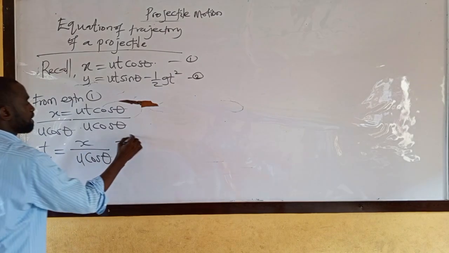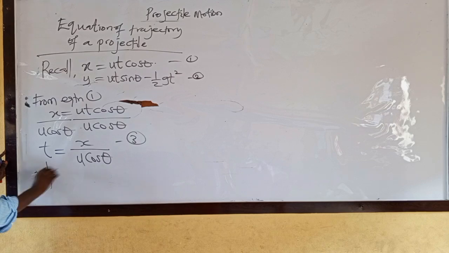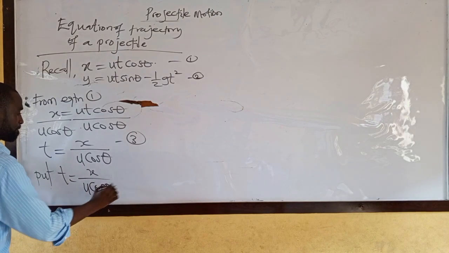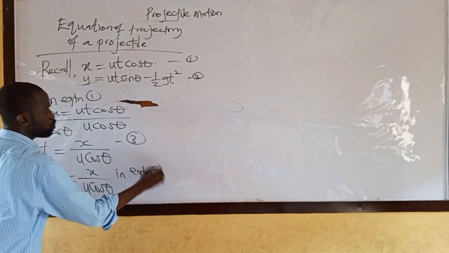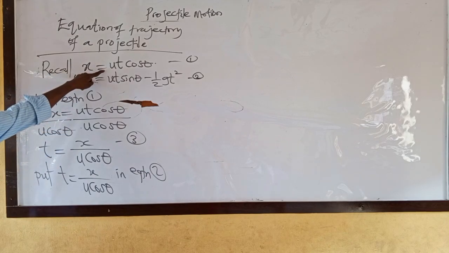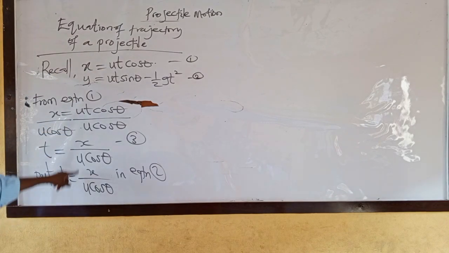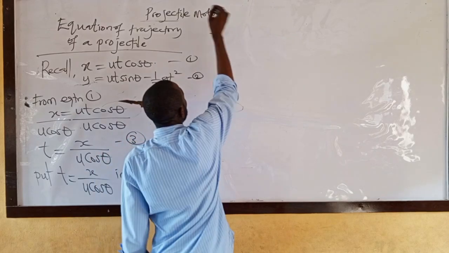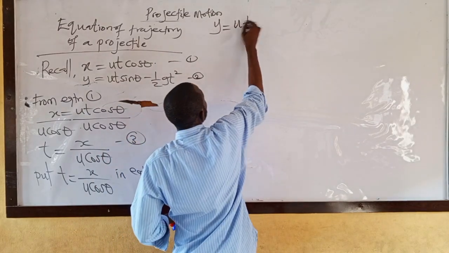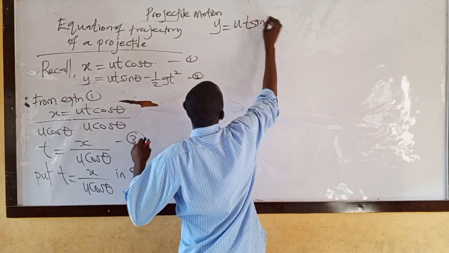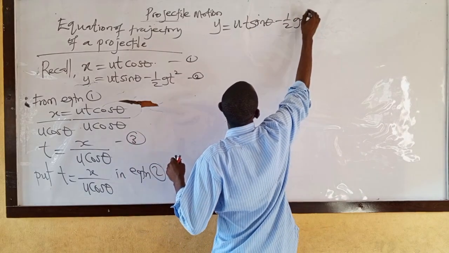Let's call this equation 3. We now substitute t equals x all over u cos theta in equation 2. I got this t from equation 1. Are you with me? So put it back into the simultaneous equation. Equation 2 says y equals u t sin theta first, minus half g t squared.